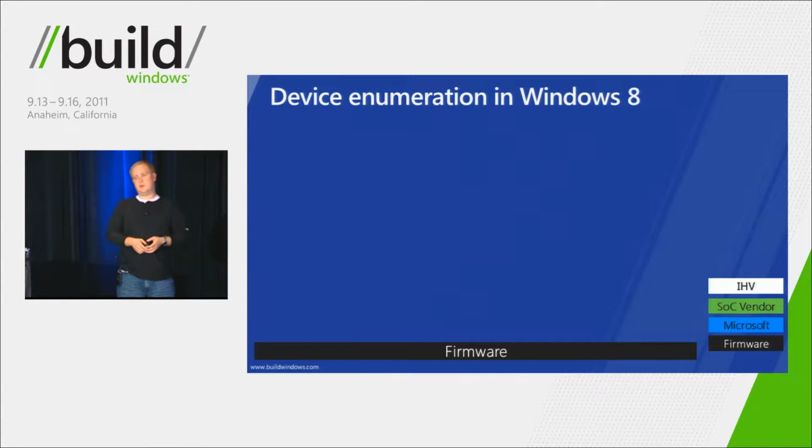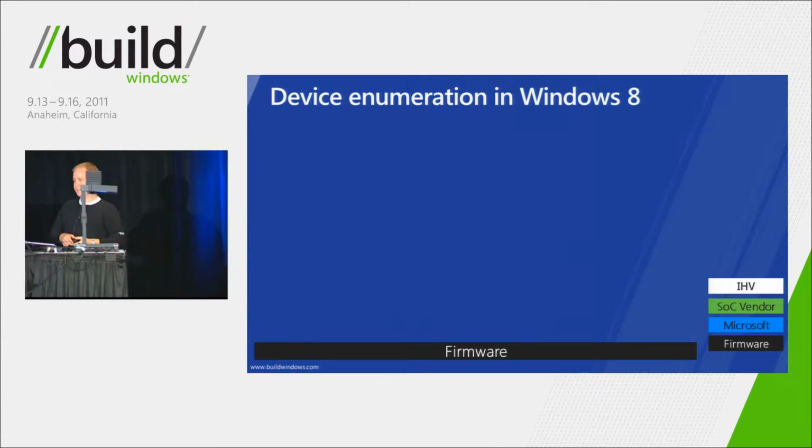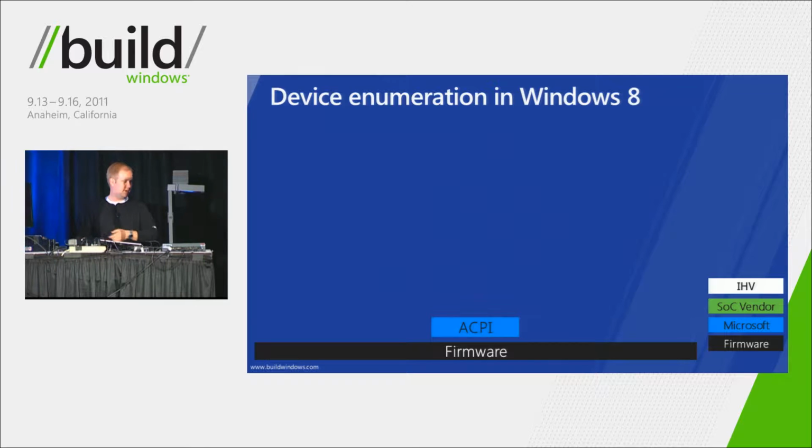So device enumeration in Windows 8 for low power buses starts with firmware. Firmware is what comes from the system manufacturer and the firmware writers there. What they do is they write up how everything is connected. This is done through ACPI, at ACPI 5.0. So they put everything in firmware, and we start with the firmware. And looks like my clicker has some reduced battery life. Here we go.